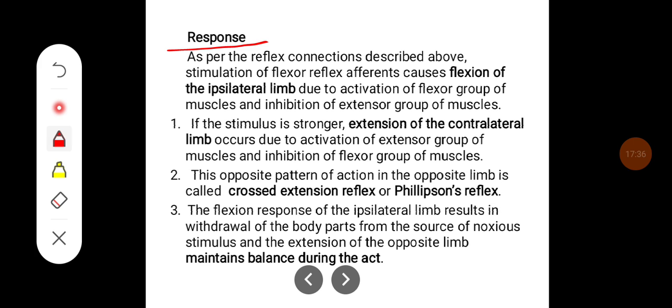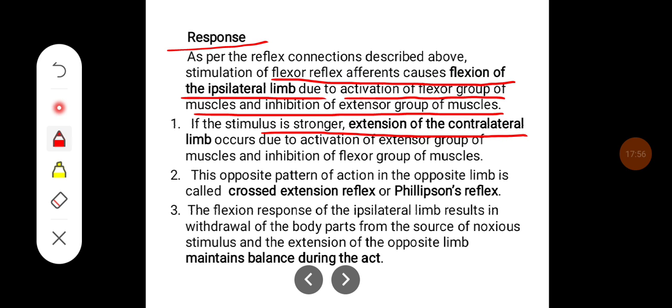The response of withdrawal reflex is as per the connections described above. Stimulation of the flexor reflex afferent causes flexion of the ipsilateral limb due to the activation of the flexor group of muscles and inhibition of the extensor group of muscles. If the stimulus is stronger, extension of the contralateral limb occurs due to the activation of the extensor group of muscles and inhibition of the flexor group of muscles.